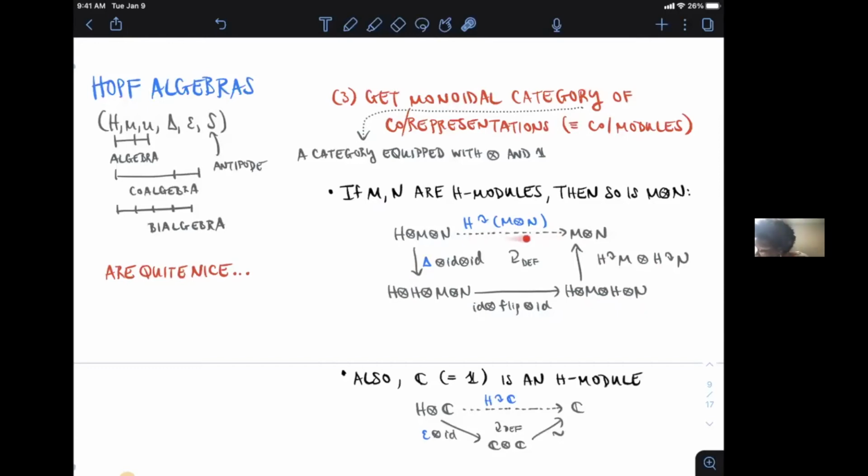That's my structure map for making this tensor product of modules. You use the co-multiplication. And likewise, I can give the ground field C the structure of the unit by using the co-unit map here. So it's very nice. It's a very, very rich representation theory.